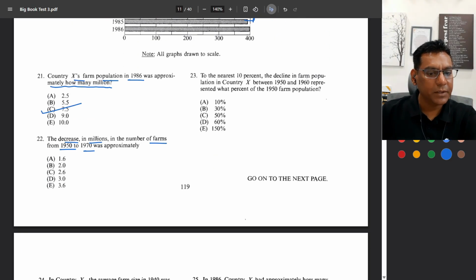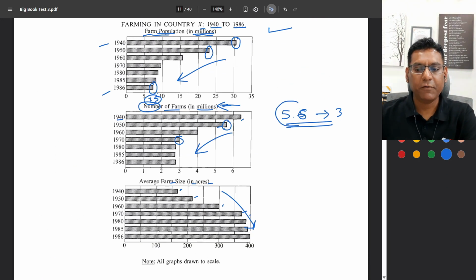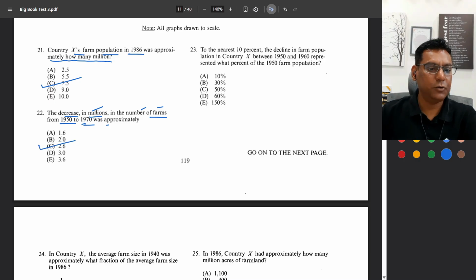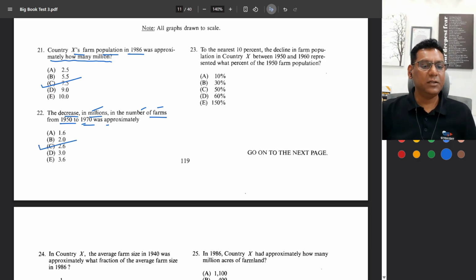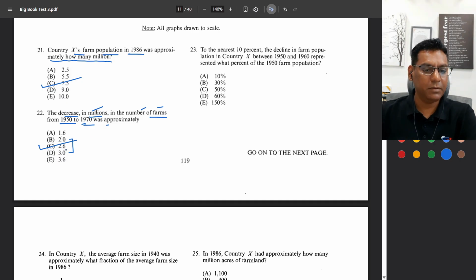The question: the decrease in millions in the number of farms was approximately what? So it went down from 5.6 million to 3 million, by 2.6 million. 2.6 or 2.5, whatever is the closer number. Exactly, 2.6 is given. See, look at all the other numbers. All the numbers are really not so close, so it doesn't matter whether it is 2.5 or 2.6.